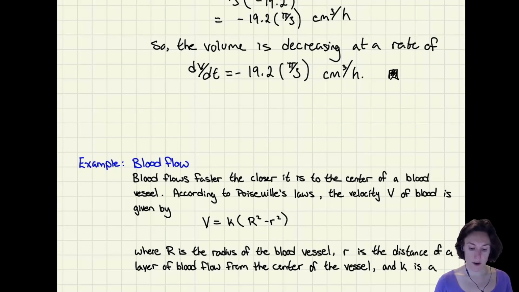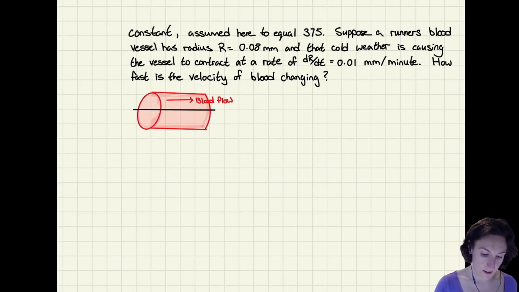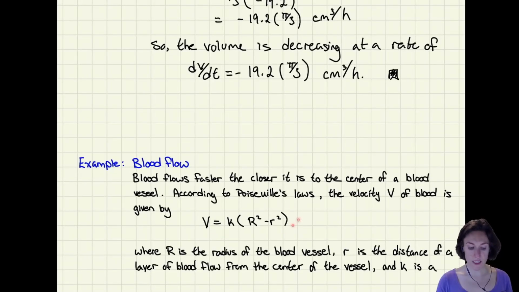And for our problem here, they're saying that the velocity, and they're calling it V of blood, is given by this. Okay, K is just a constant, and we're assuming for us it's going to be equal to 375. But the general rule in fluid dynamics is this, that the velocity is equal to some constant times capital R squared, where that capital R is the radius of the blood vessel, or the vein or whatever.